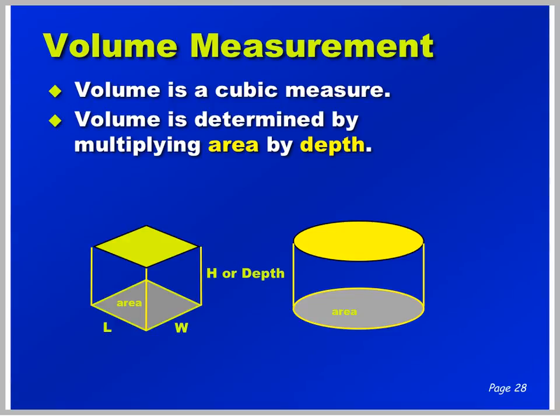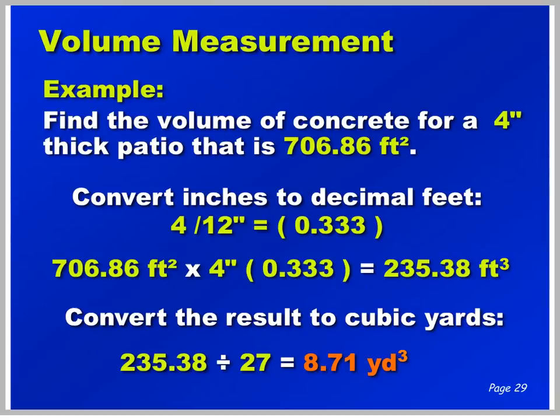To find the volume of a particular item, you just simply multiply the area, figure the area out here, and multiply it times the height. Just remember, it's very important to keep your units correct. Going back to our patio problem, let's now figure out the volume of concrete that might be needed.